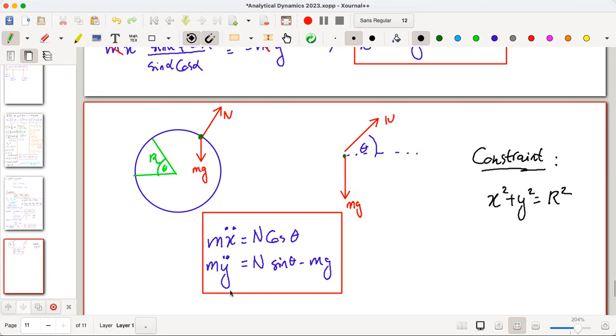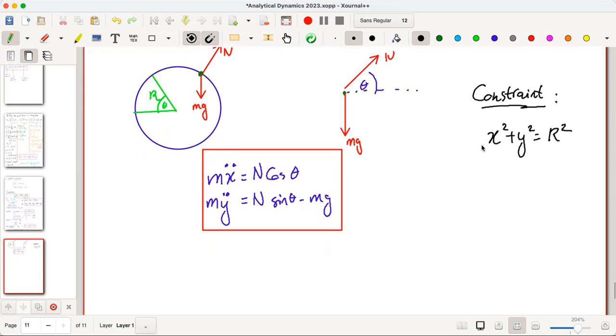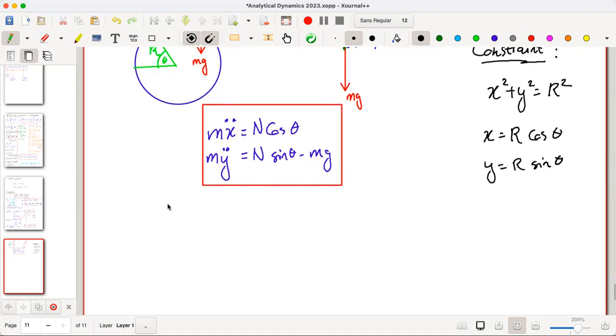One way of doing that is using polar coordinates. So I can write x is r cosine theta and y is r sine theta.